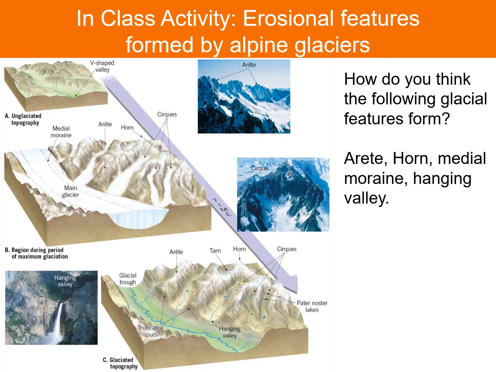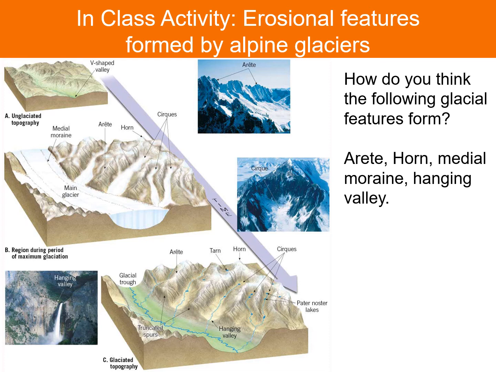Okay, so we've talked about how glaciers erode away material by plucking and by abrasion. But now we're going to talk about some of the erosional features that are formed by alpine glaciers, or evidence of this type of erosion. Before I get into all these different types of glacial features, I want you to take a moment to think about how you think the following glacial features were formed.